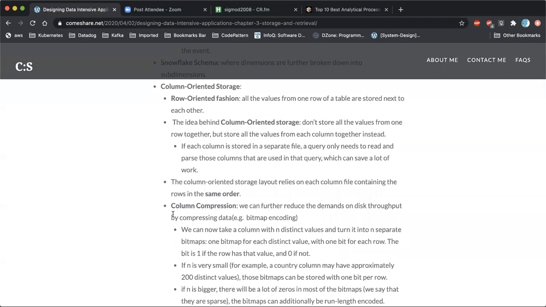in OLAP, what you're generally doing is providing the leadership or the analytics team the overall data on how your product is doing, what the most selling products are. So your queries in OLAP would be something like, what is my total sales in this month, how many customers have bought more than this many orders.